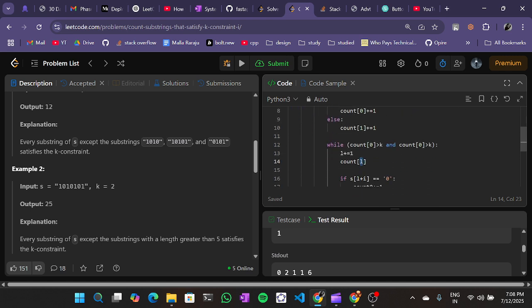Actually, the dictionary way he implemented is really elegant. You can do it with a list also, but the dictionary will be more elegant.